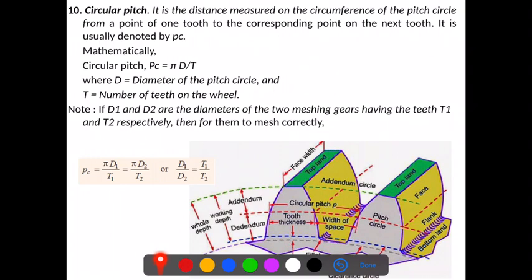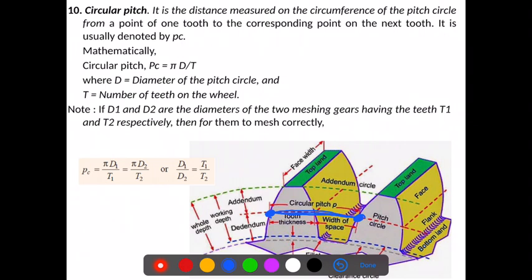So this is a circular pitch. It is a distance measured on the circumference of the pitch circle from a point of one tooth to the corresponding point on the next tooth.